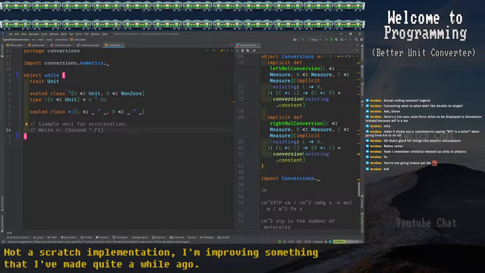I just realized this is completely wrong. Meters per second squared is that. That's meter. Oh, wait, and also I would need the backslash here. Yeah, there we go. I still can't think of a good symbol to represent something to the power of 1. Something to the power of 1.